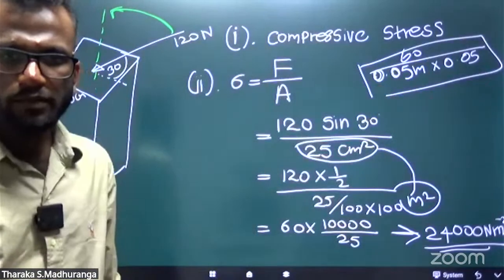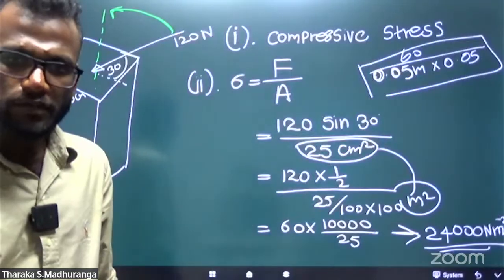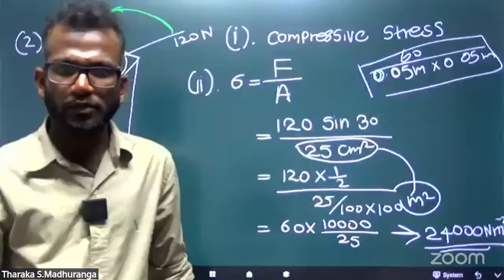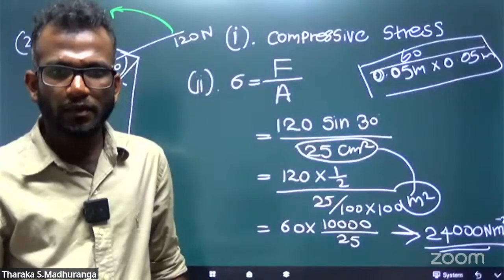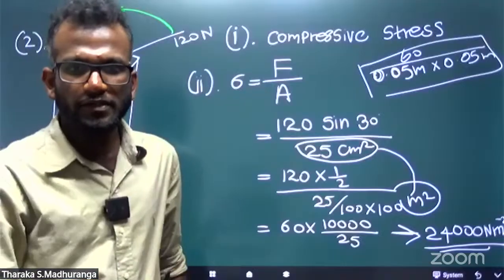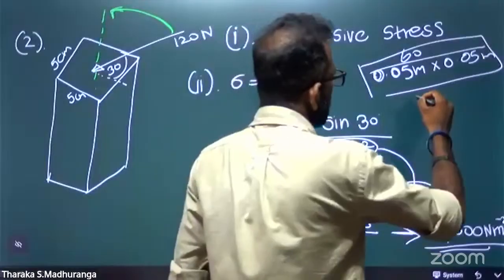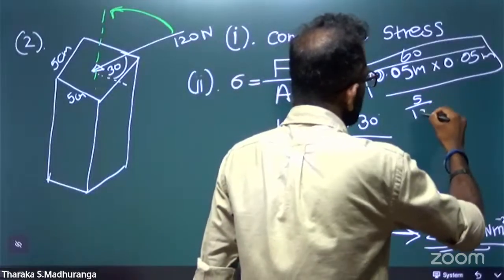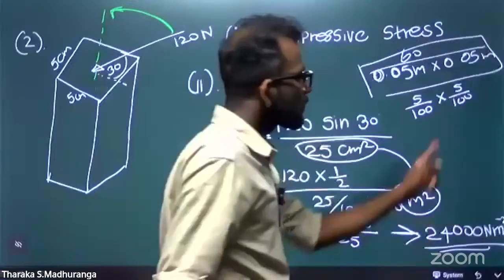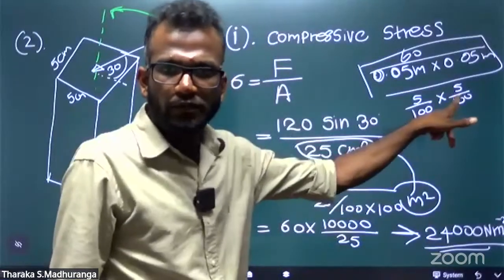Now, okay, 60 over 0.05. Then square meter is coming. The same thing I did in this part also. You can check the same answer is what they are doing here: 5 over 100 multiplied by 5 over 100.